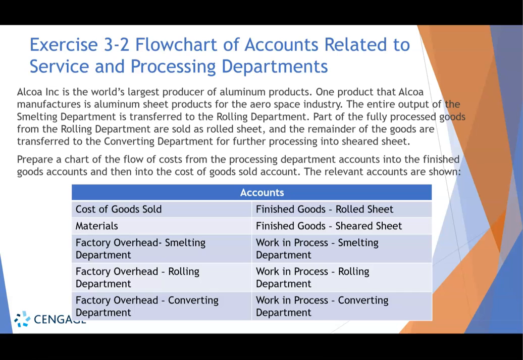We've got materials. We've got factory overhead for the smelting department, factory overhead for the rolling department, factory overhead for the converting department. We've got some finished goods for the rolled sheets and sheared sheets, and then work in process for the smelting department, work in process for the rolling department, and WIP for the converting department.